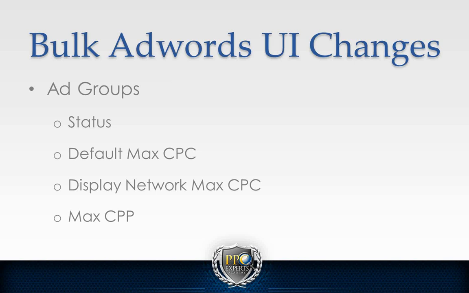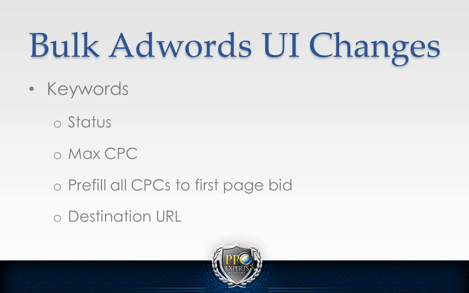Basically, in the ad group settings, you can have a different bid or default bid for the display network than you do for the search network. And then max cost per call. We talked about that in week 2 when we looked at ad extensions, and that's something that you can implement throughout all your ad groups.